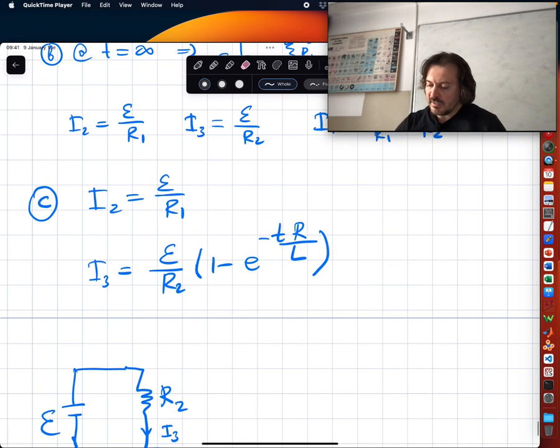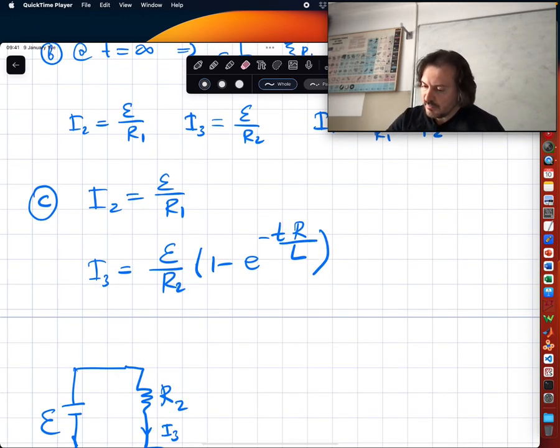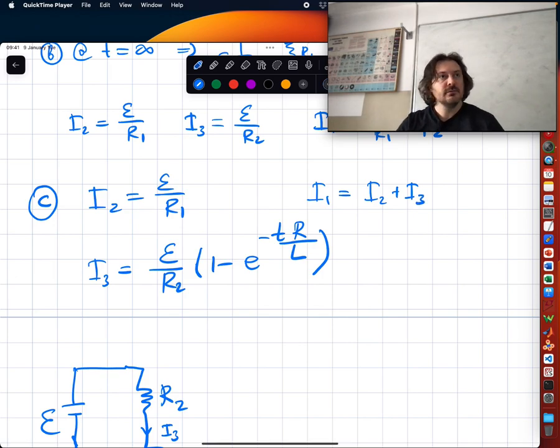So this is I2, and I1 time dependence is simply I2 plus I3. Okay, that's what it is. Good. Yes.